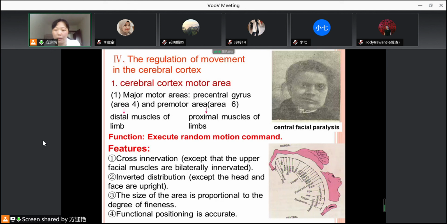Likewise, when I do something with my hand, the brain immediately and correctly or quickly controls the muscle movement.